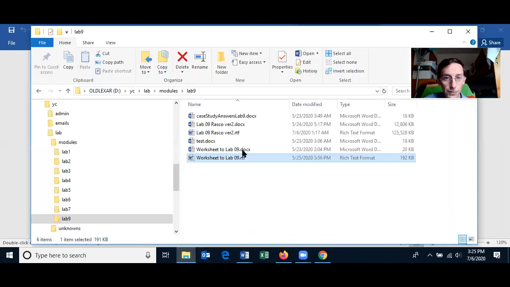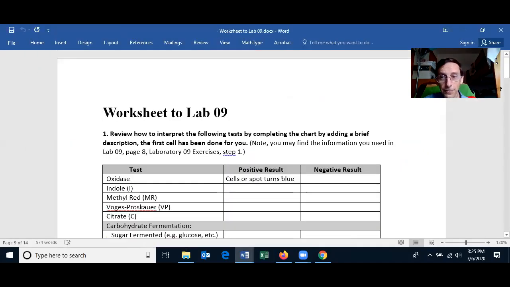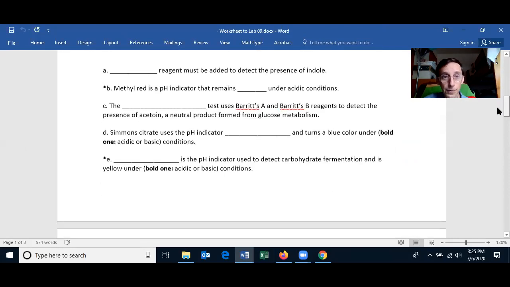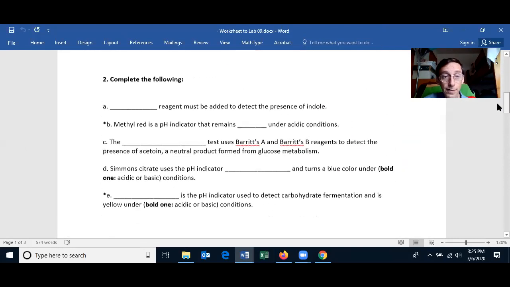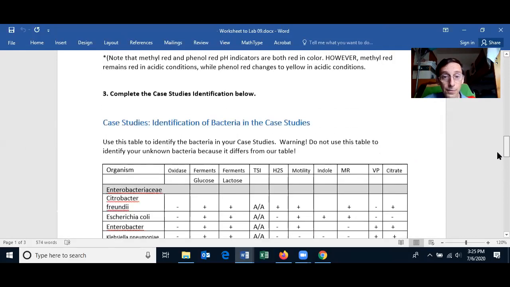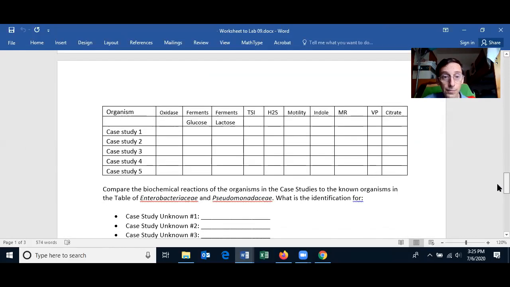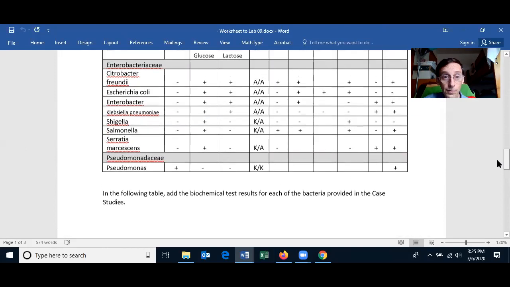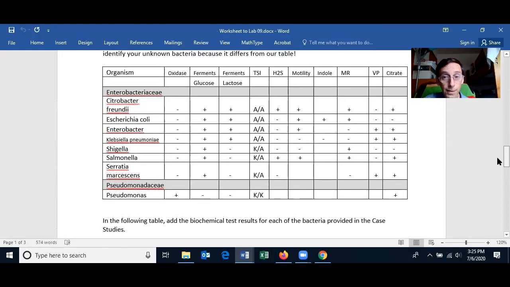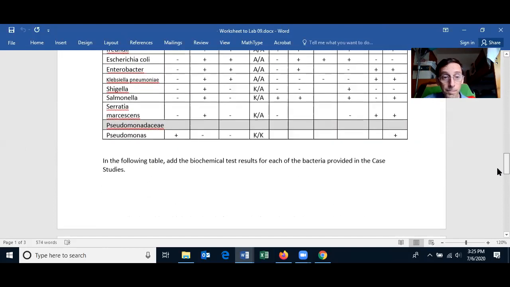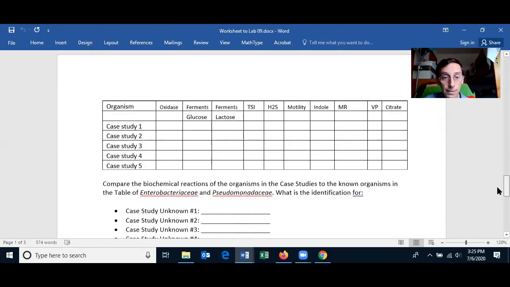Let me see if I can show you the worksheet. It's a little more meaningful on the worksheet. I already had the worksheet open. Answer the questions in the worksheet and do the case study, where you're using this table, which is given to you in the worksheet, for identifying your unknown in the case study.